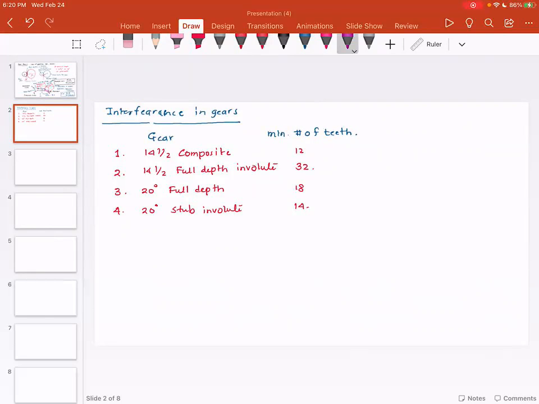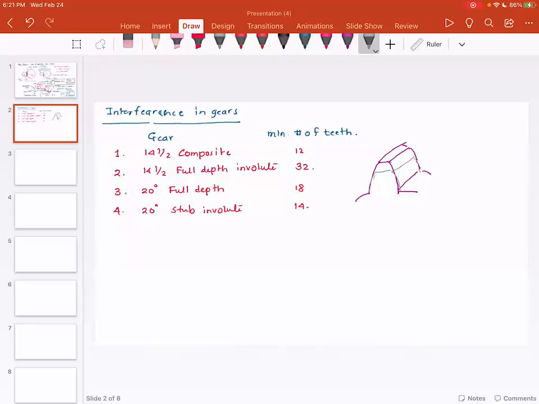Now, I just want to talk about what we mean by a full depth involute and what is a stub involute. So full depth involute is the gear tooth that has the full involute profile, something like this. But sometimes, because of the design consideration, you can have sort of a shorter gear, something like this. This gear does not have the full involute profile, but it is sort of shaved off at the top.